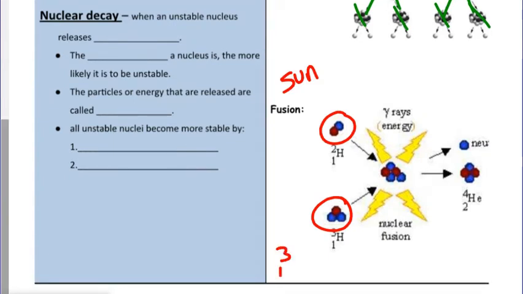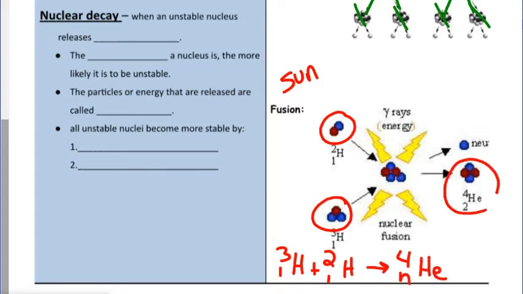We've got hydrogen 3 and hydrogen 2. 1 proton each, but one isotope is a little bit heavier than the other. And we're going to combine them together to create one larger nuclei, this 4-2 helium atom, and then 1 extra neutron in this particular fusion reaction.